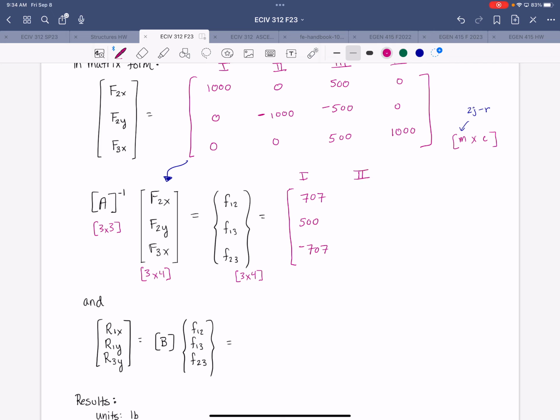Any negative result indicates compression. For load case 2, we would get negative 707, positive 500, and negative 707. For load case 3, we would have 0, 1,000, and negative 707. And for load case 4, we would get 0, 1,000, and 0.